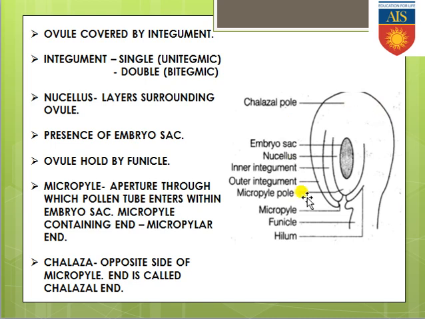Next, the micropyle is the aperture through which the pollen tube enters the embryo sac, and the end where the micropyle is present is known as the micropylar end, and the opposite end is commonly known as the chalazal end or chalazal pole. So this is the overall structure of the ovule.